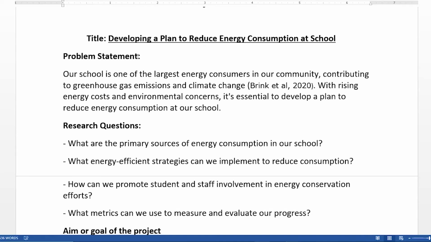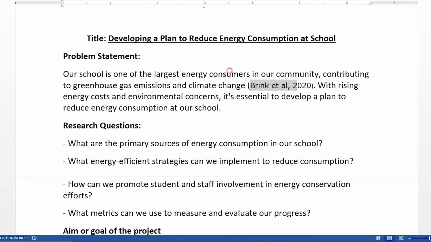The title I have made is developing a plan to reduce energy consumption at school, and the problem statement is: our school is one of the largest energy consumers in our community, contributing to greenhouse gas emission and climate change. And I put a reference here.